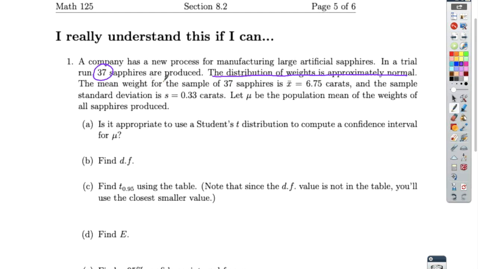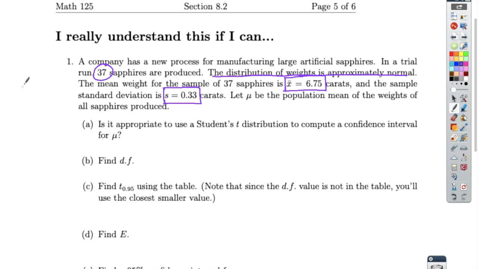The mean weight for the sample of 37 sapphires is x bar equals 6.75 carats. And the sample standard deviation is 0.33 carats. Let mu be the population mean of the weights of all sapphires produced. Part A, is it appropriate to use a student's t-distribution to compute a confidence interval for mu?